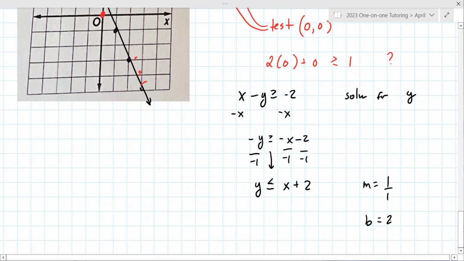Slope is 1/1. B value is 2. Okay. Got it. I'm going to start graphing.